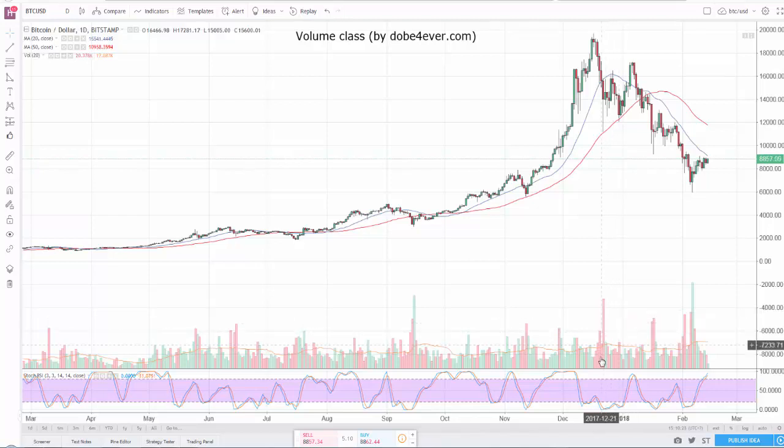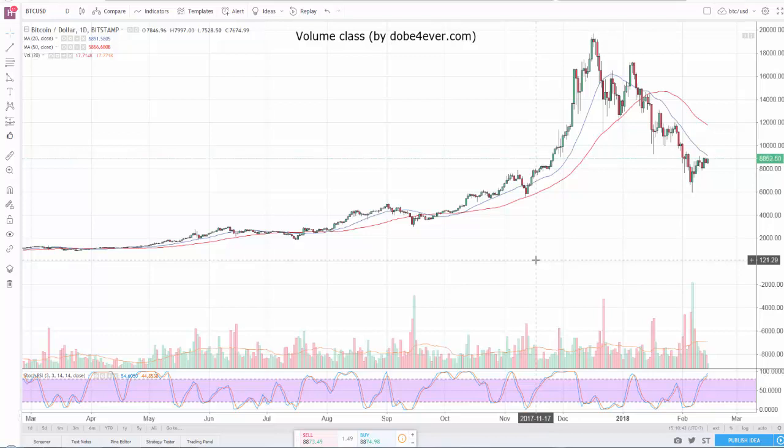So not every time we see a spike of red volume it means we're going to have a downtrend. No, this is usually true 60-70% of the times. The other 30-40% of the times you will see a big spike of red volume and you will see an uptrend coming ahead. So just have this into consideration.